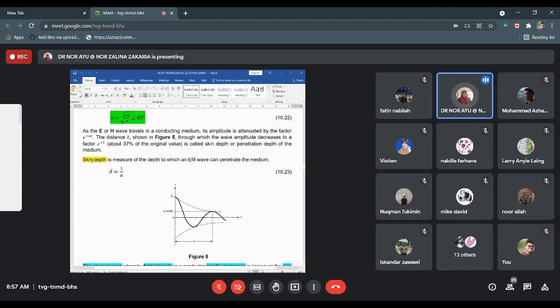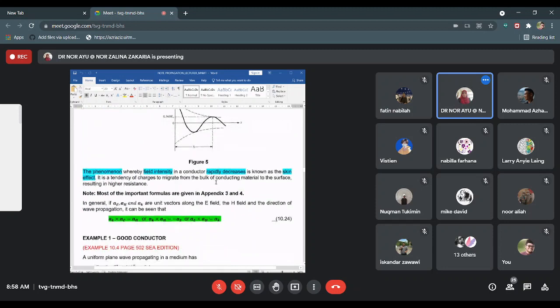So how far your wave can penetrate in a medium is called the skin depth, and this is the equation for skin depth. Okay, 1 over alpha.